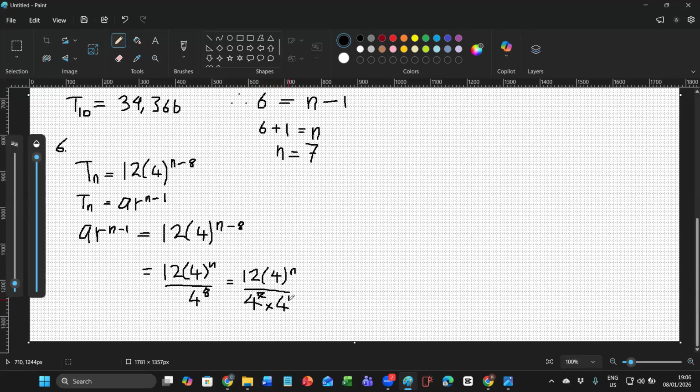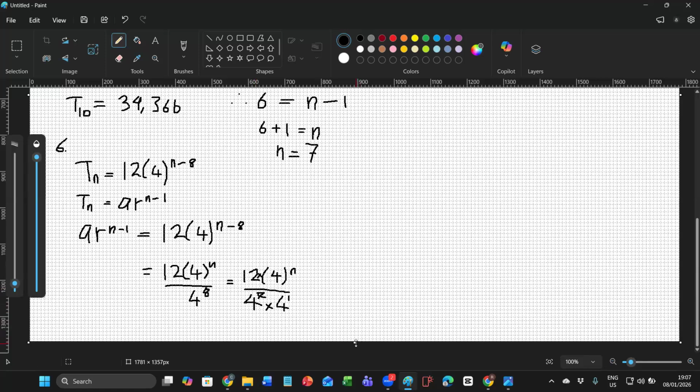So this is what I want to achieve, right? The 12 is on its own, multiplying, and then 4 raised to power 7 is down here.